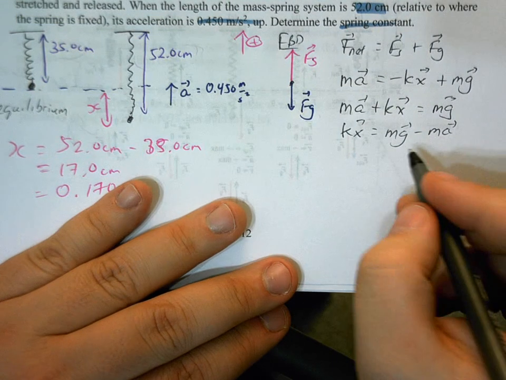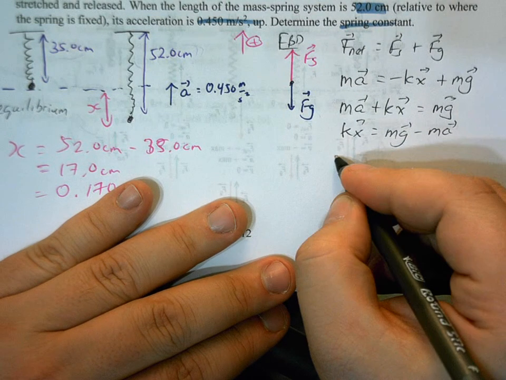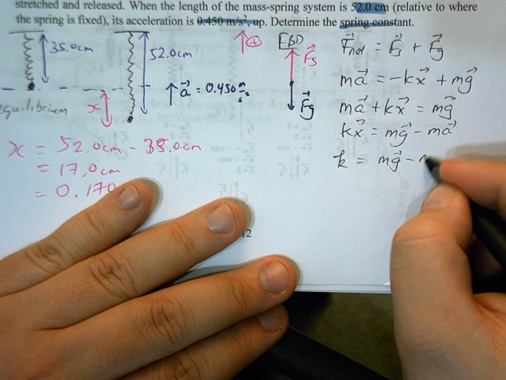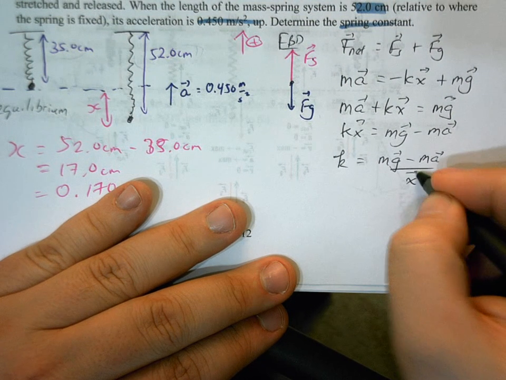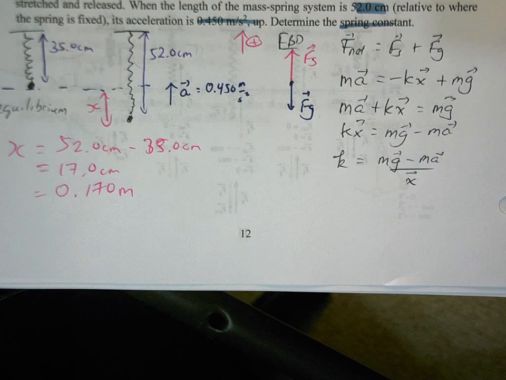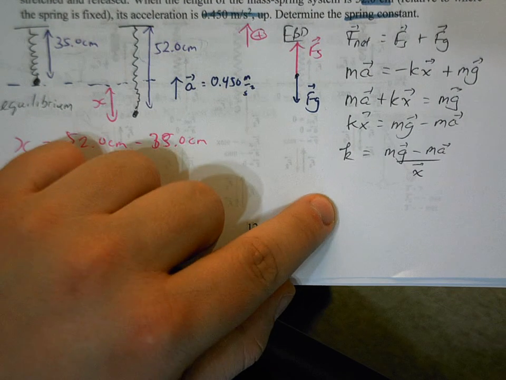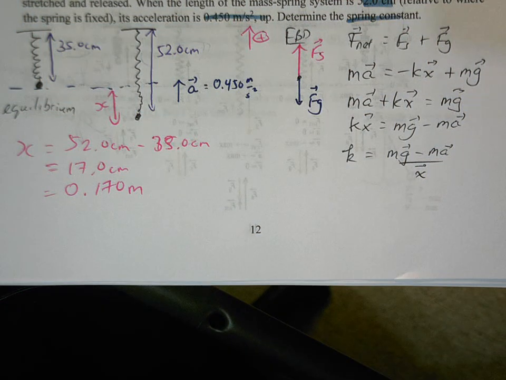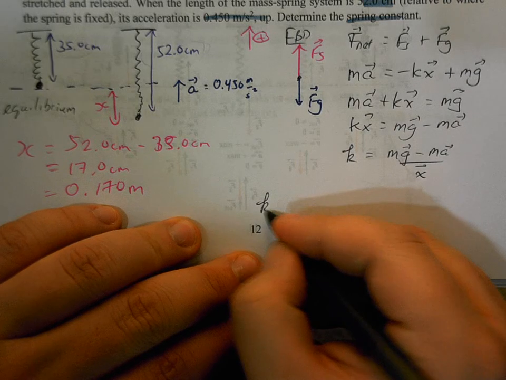And then lastly, we divide by this x value. The hard part is that g, a, and x are all vectors. That means you have to be incredibly careful with the sign conventions. If you're careful with them, you should be fine.